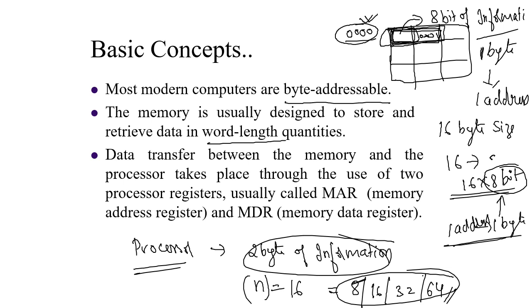So here, in the beginning I said that the data stored in the memory has to be transferred to the processor. Now how does this transfer take place? Here we also have corresponding registers that help the processor to transfer the data from the memory to the processor, or from the processor to the memory.